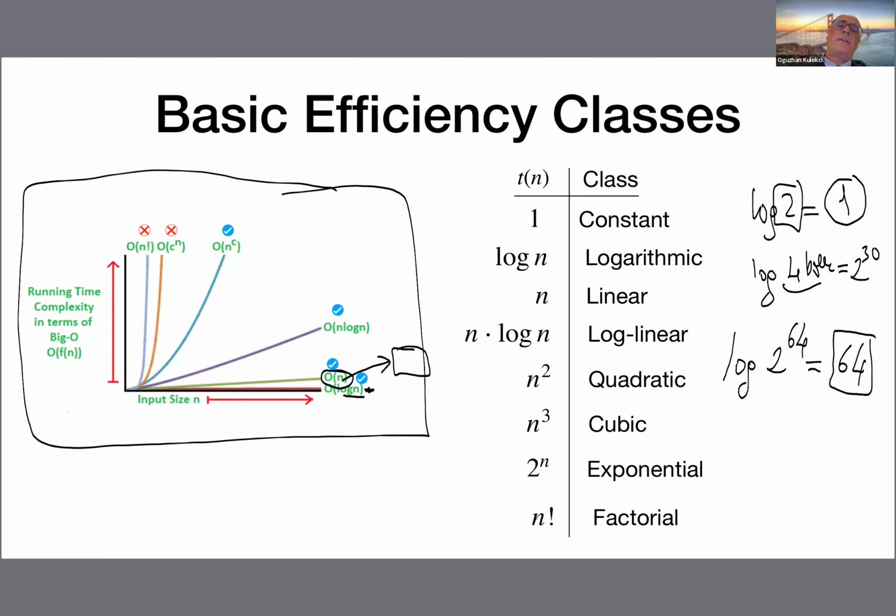And worse than linear is the n log n, but that is better than n square. I'm multiplying n with something that still depends on the input size, but this is indeed the lovely logarithmic function, n log n, okay? But with the n log n, we start feeling the pressure when n becomes larger and larger.